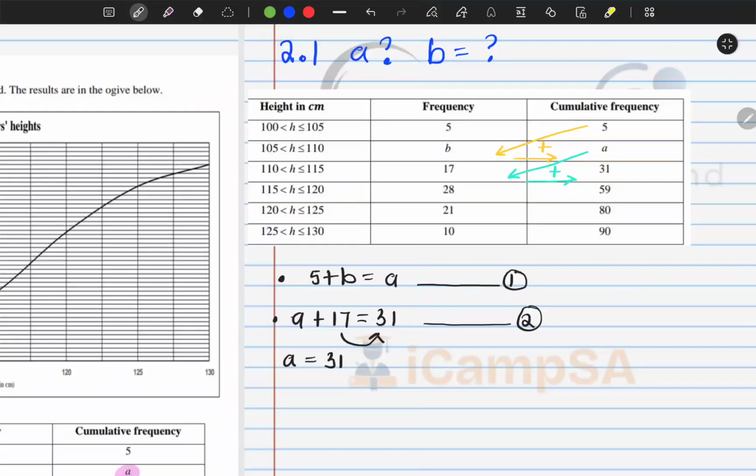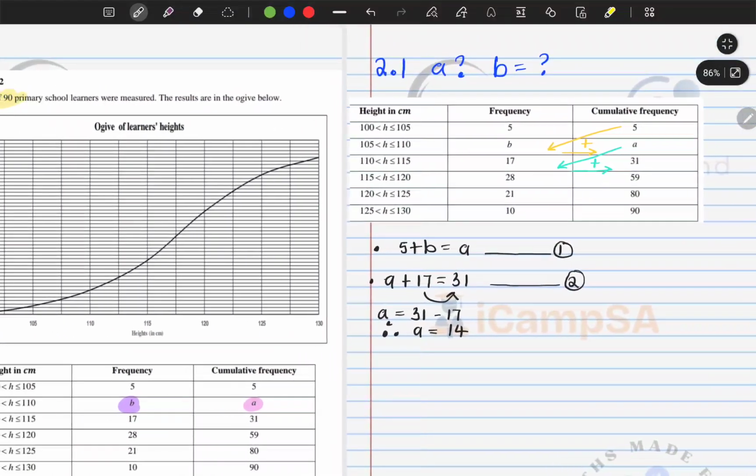As you can see, we can easily solve for A. So A will be 31 minus 17, and if you do the maths, you will see that the value of A will end up being 14. Now that we have A, we are going to sub A into equation number 1.